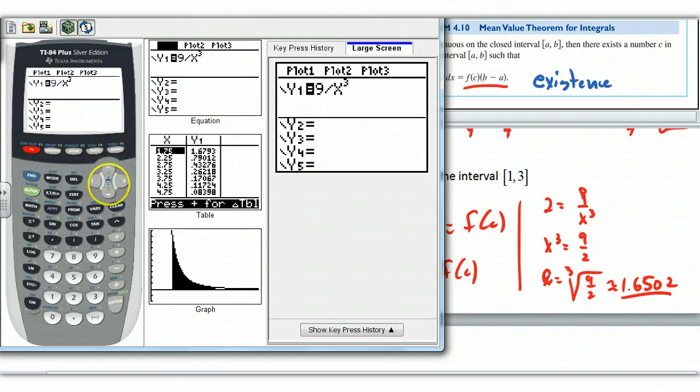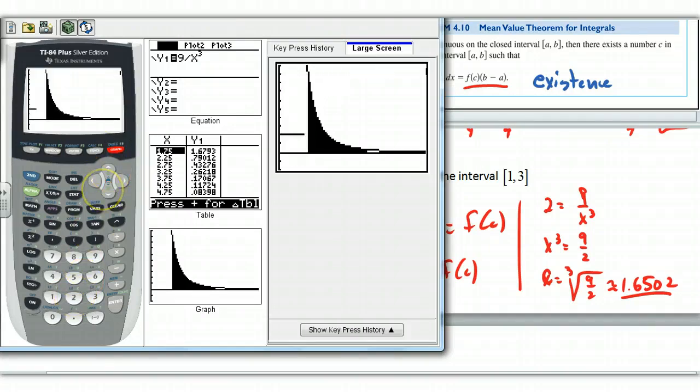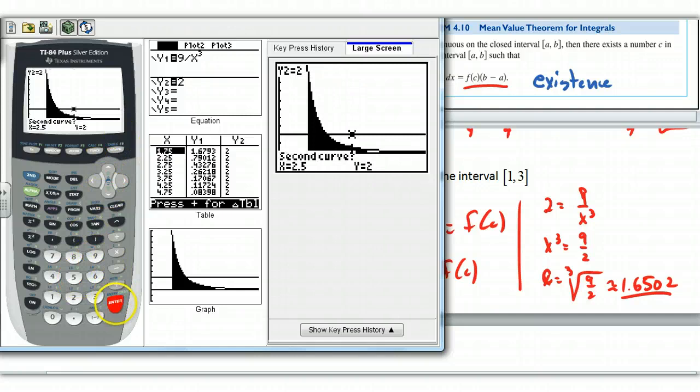So if I go y equals 2 for my other value, and shoot across, this rectangle, if you can picture this right here, would be the equivalent area to all this darkened shade here. And if I just find that value by doing the intersect, number 5, then I get that same value that I'm looking for over here. So that's kind of the concept that we're dealing with. This c value would be the x value.